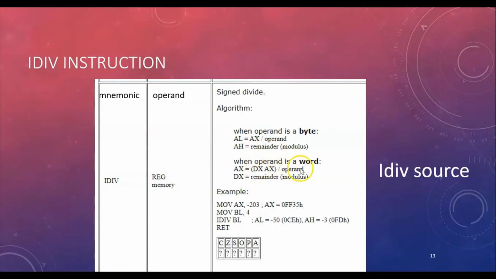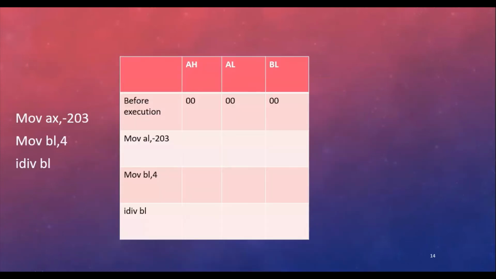Otherwise, if you use word size, DX, AX will be divided by the operand, and the quotient will be saved in AX while the remainder in DX. Same for IDIV, flags are not affected, they just have random values. So we will use this example for the programming.